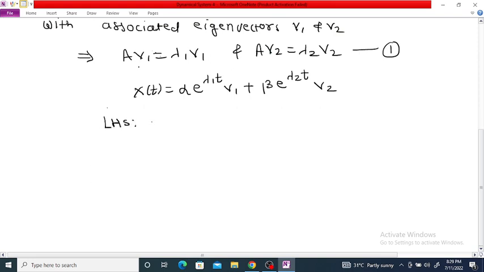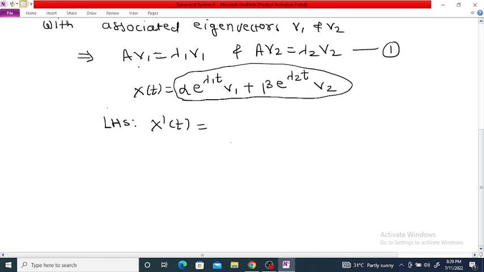LHS is equal to x dash t, which is the derivative of this function. If you differentiate this function with respect to t, we get alpha e raised to lambda 1 t, and again derivative of lambda 1 t is lambda 1 v1, plus beta e raised to lambda 2 t, and again derivative of lambda 2 t is lambda 2 v2.